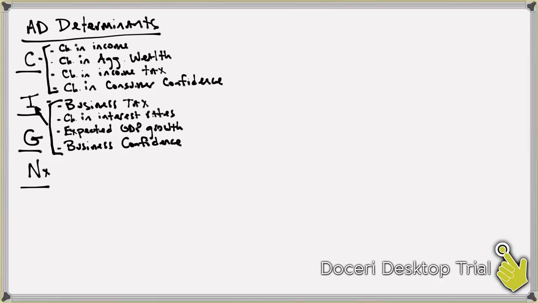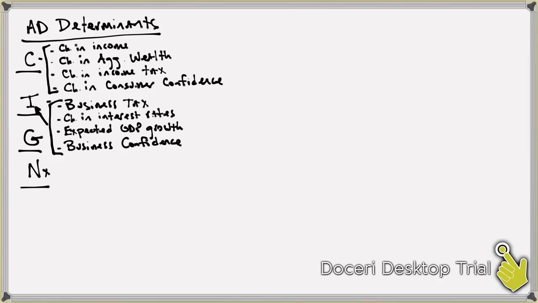And any change in spending is going to lead to a change in aggregate demand. But what we've done with our determinants is we've broken down and we've said, okay, well, what are the factors that cause consumer spending to change? And that's where you get the first group of determinants.